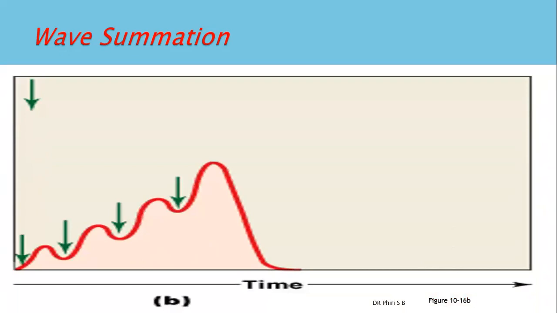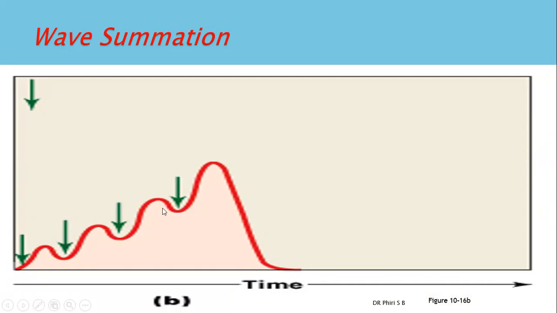So this is different from treppe. So you can see here that before the first contraction goes back to the resting state, you stimulate it. So you're going to have another contraction. This contraction, before it's completely relaxed, you stimulate it again, you're going to have another contraction. So this is the summation of waves.